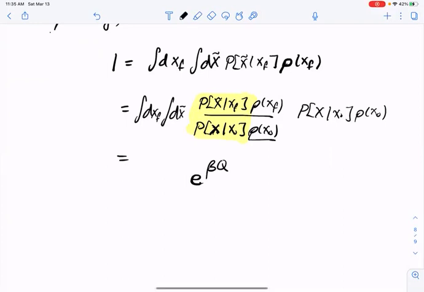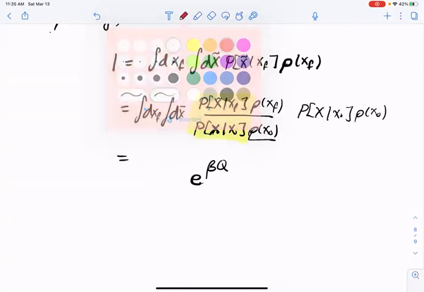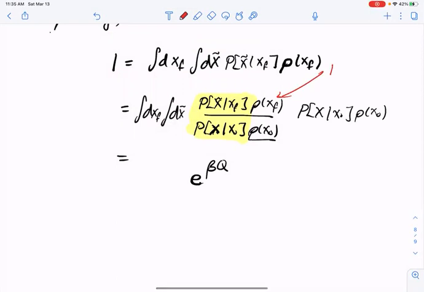If I start and end at equilibrium, that is Boltzmann distributed. What's the probability of seeing xf, which is e to the minus beta u divided by some partition function.